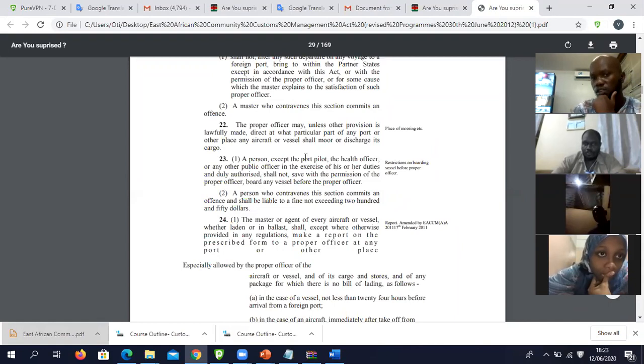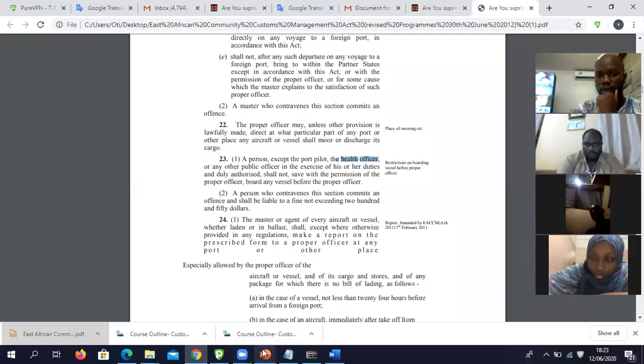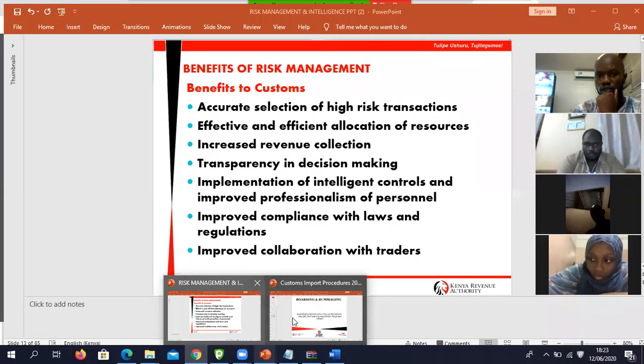So these are the individuals who are allowed to board the vessel before the proper officer. That is the port pilot, health officer, and any other public officer in the exercise of his or her duty and duly authorized. The same will apply to the notes.